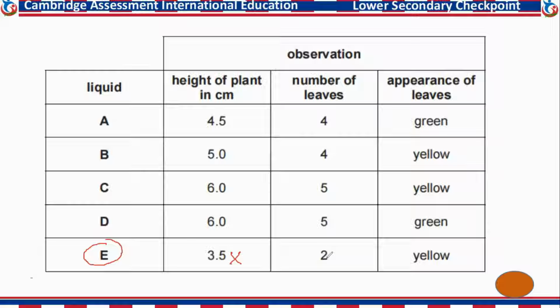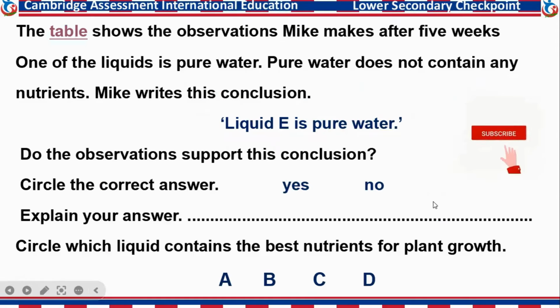So it means that there is no growth at all, no nutrient present, and it is likely to be true. Because of that, we can say that his conclusion actually makes sense. And that is yes, liquid E is pure water because it does not support growth of the plant.